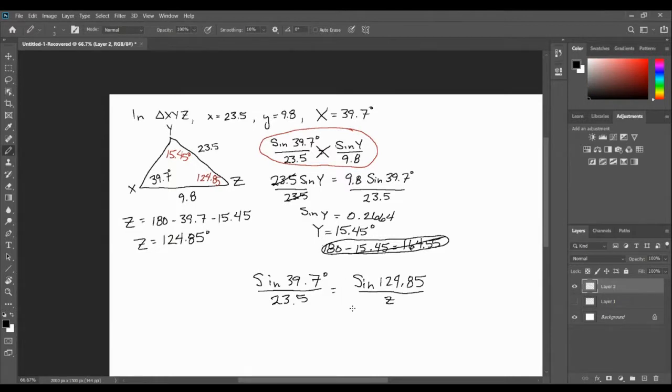Again, I can cross multiply. So I get Z sine 39.7 degrees equals 23.5 sine of 124.85. And now I can divide by sine of 39.7.